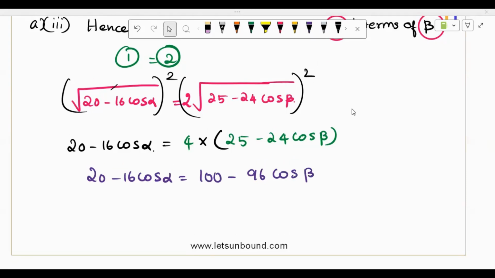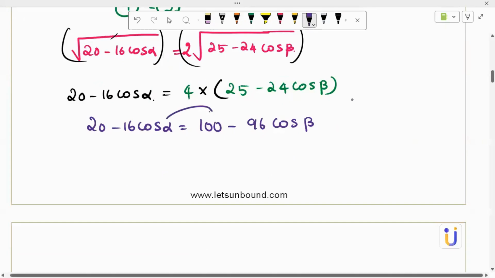Let me keep the alpha on one side, better to take it right. So 16 cos alpha, and all others will shift here.